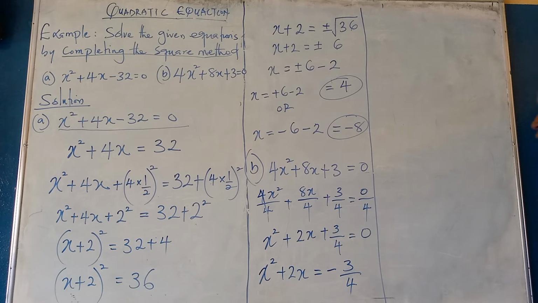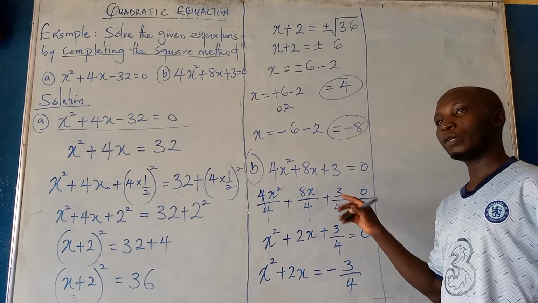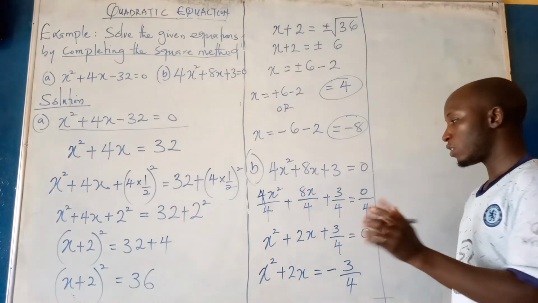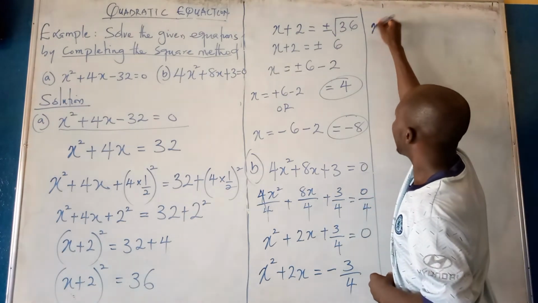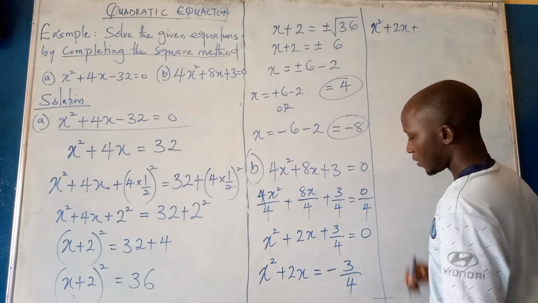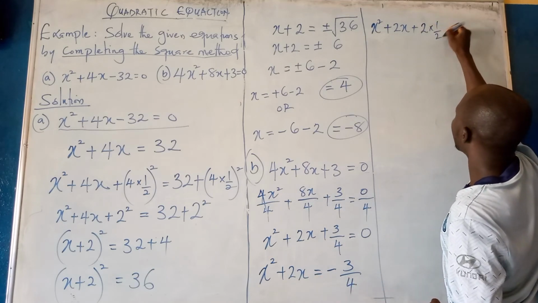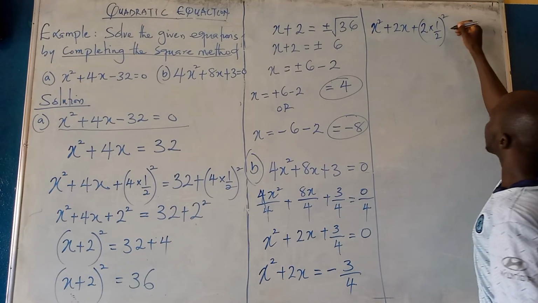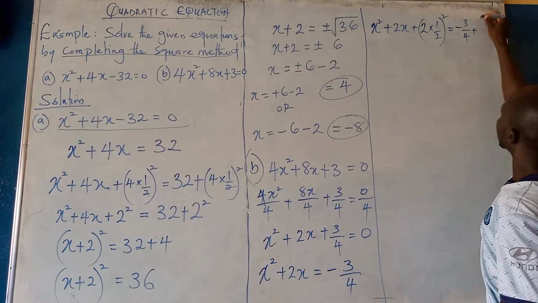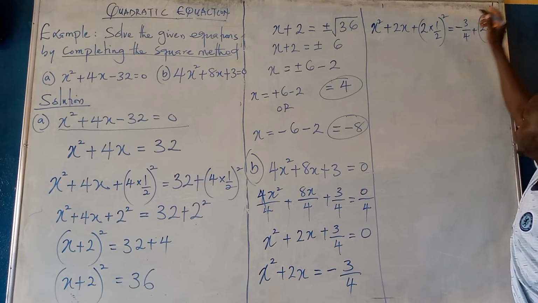Now the third step is to take the coefficient of x, multiply by 1 over 2, and square everything, then add it to both sides. We have x squared plus 2x plus, the coefficient of x being 2, 2 multiplied by 1 over 2 squared, equals minus 3 over 4 plus 2 multiplied by 1 over 2 squared.